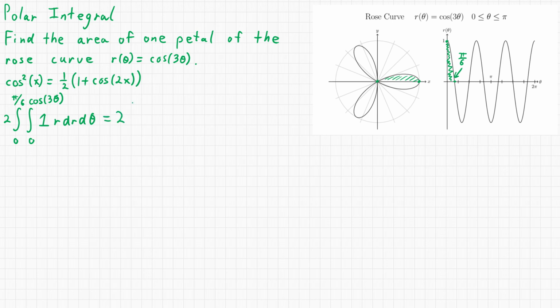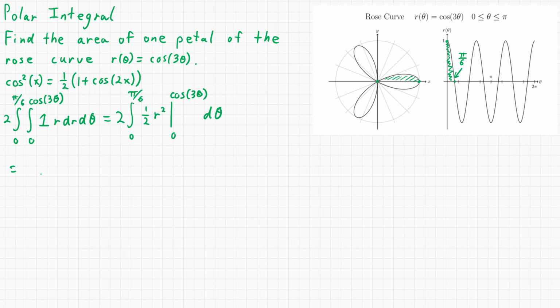So we have 2 times the integral from 0 to pi over 6. If we integrate r with respect to r, we end up with 1/2 r squared, evaluated from 0 to cosine of 3 theta, and then we have our d theta. That's not too bad.